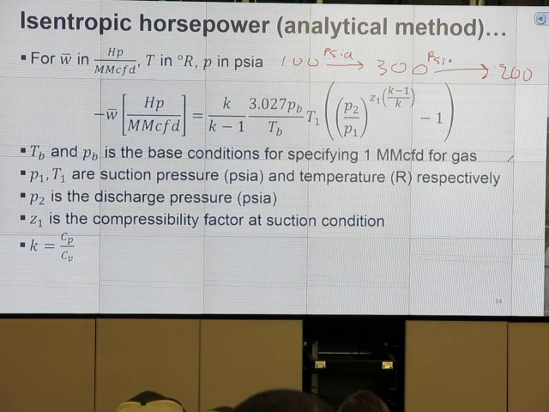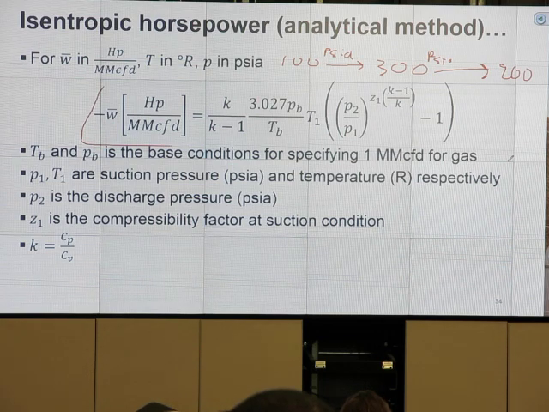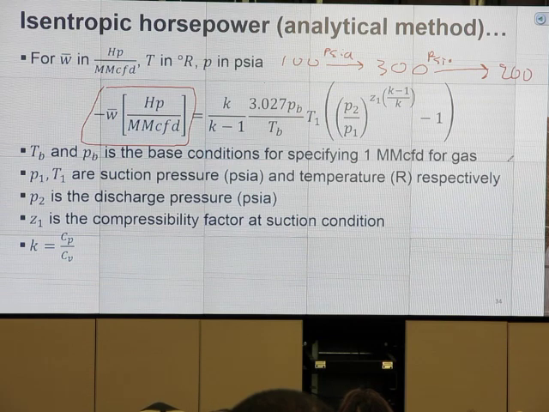Scott, what is the compression ratio per stage? 3, right?